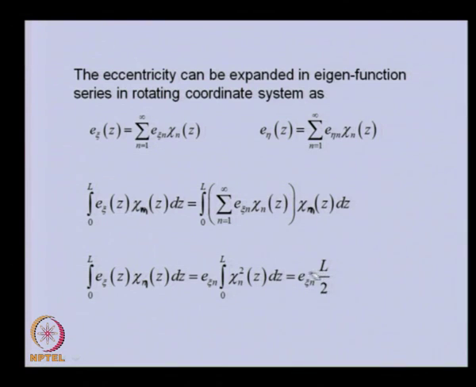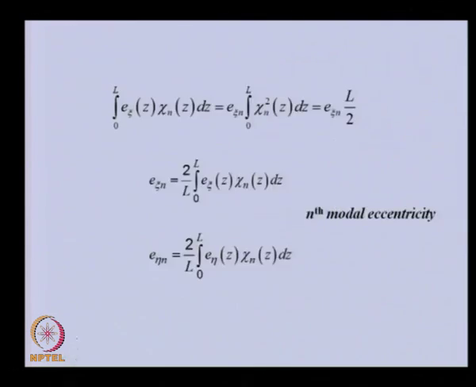So, now you can see, we can get the constant E xi n from this, the xi n, so 2 by L times this. This is the eccentricity variation in the direction of xi along the z direction.